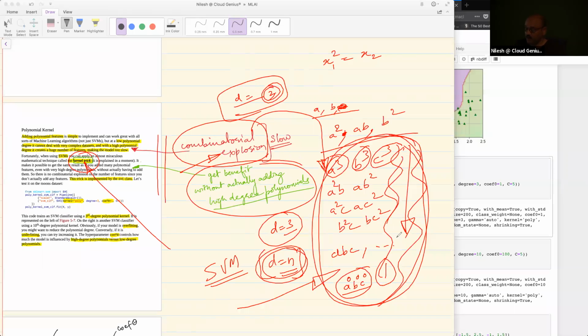If you really add polynomials, you are running with just 3 degrees with these many variables and so many expressions, and you just make your math complex for no reason. It will slow you down. But if you use scikit-learn, it uses this trick which doesn't slow you down and you still get the benefit without actually doing this thing. That's the trick.